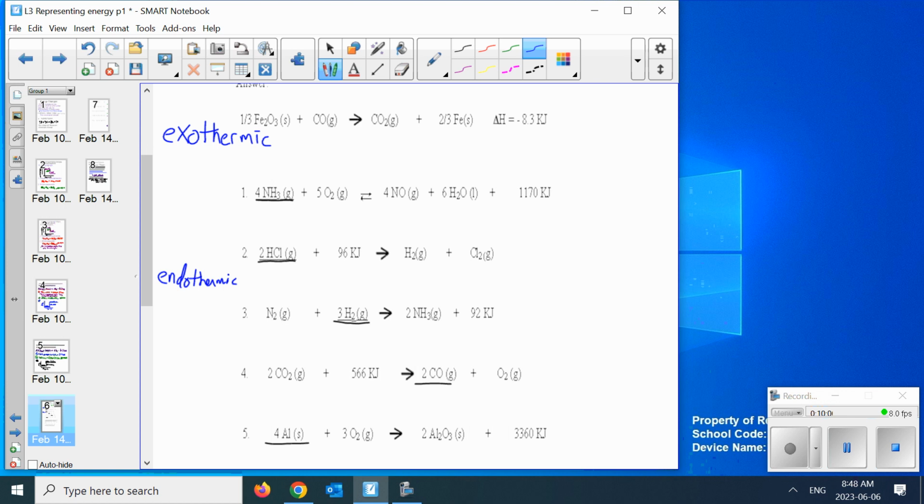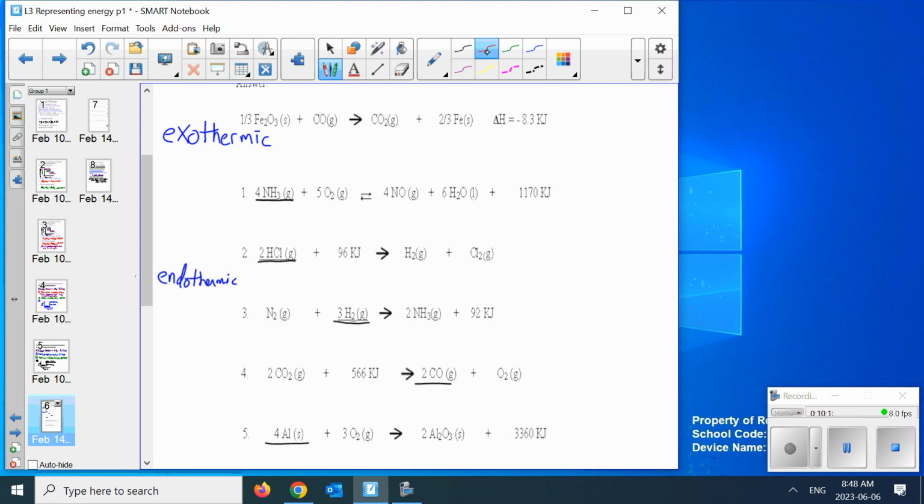But the math part of it, not heavy-duty math: if I want to get 1 mole of HCl, there are 2 particles, so I've got to divide everything by 2. I can do this in my head.